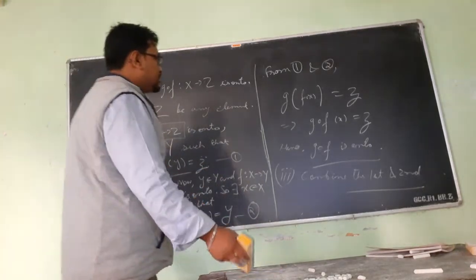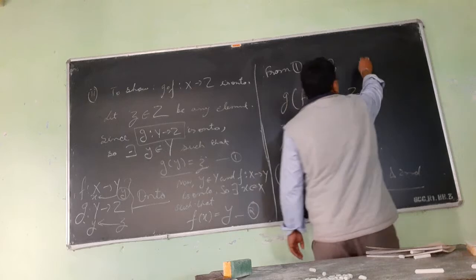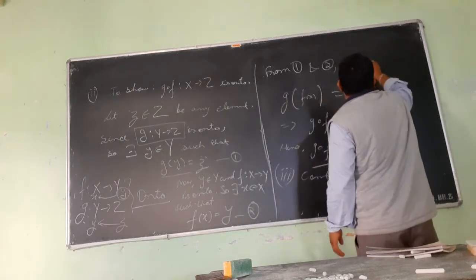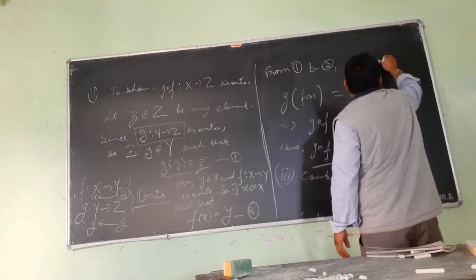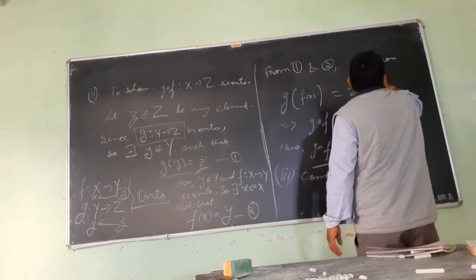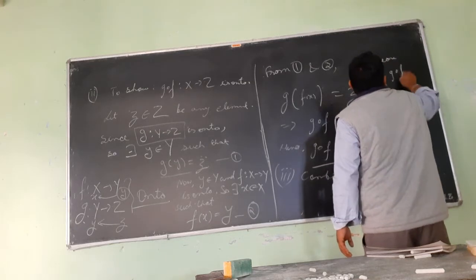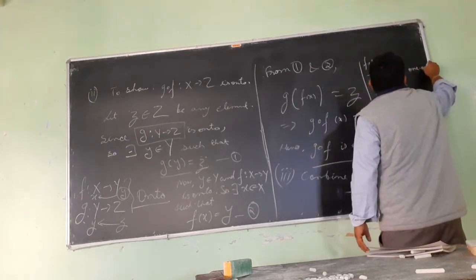Now try to think of the other way. So I have said f, g one-one implies gof is one-one. So is the converse true?